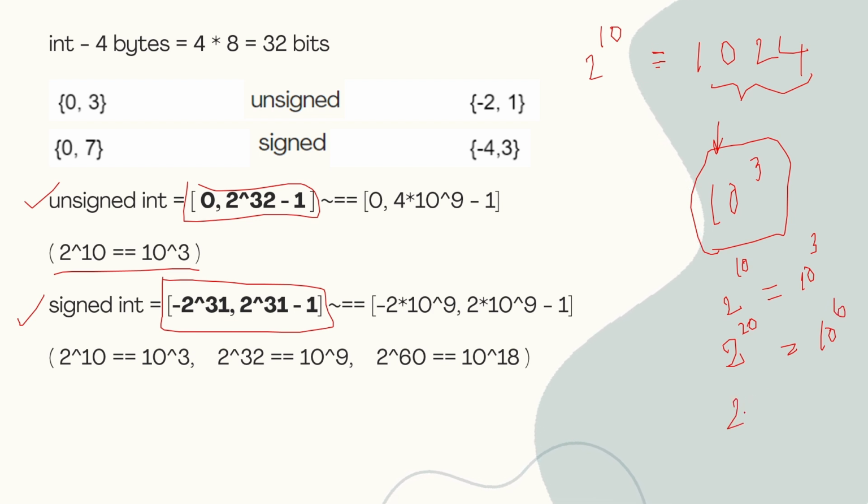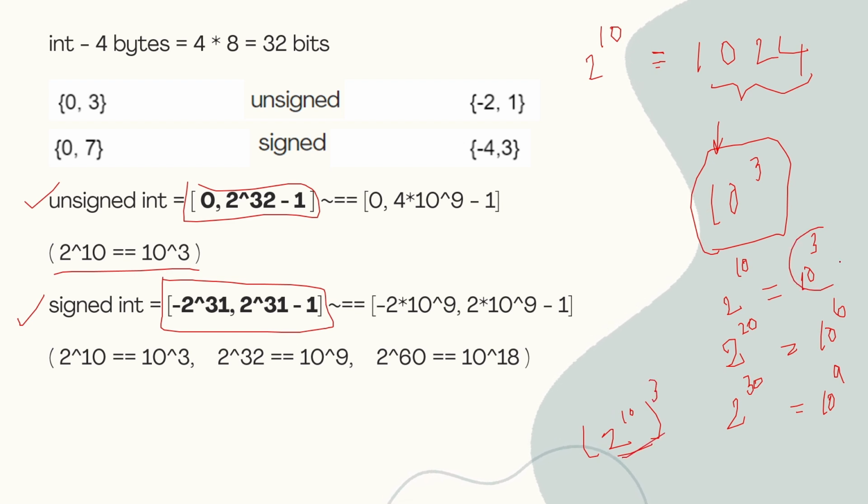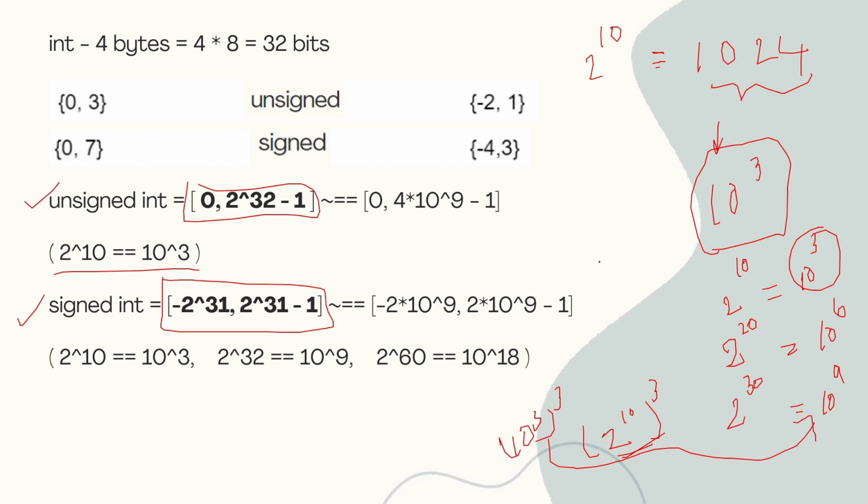Then what is 2 power 30? Simple, 10 power 9. 2 power 30 means 2 power 10 whole power 3, which is 10 power 3 whole power 3, that is 10 power 9.